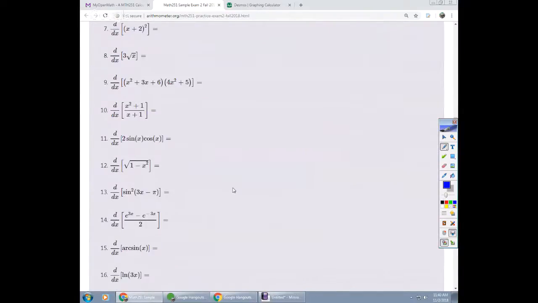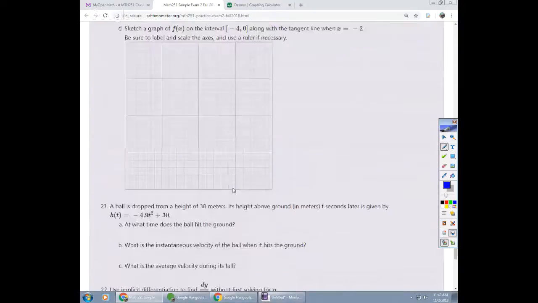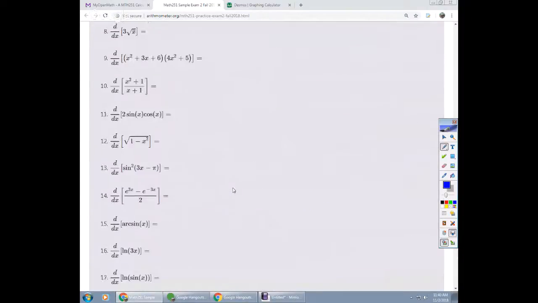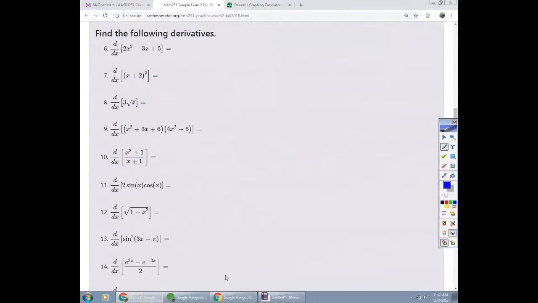Let's see if we can get the quotient rule right. And then we'll see what else we can do. We have about 10 more minutes. Let's see, quotient rule, I had x squared plus 1 over x plus 1.